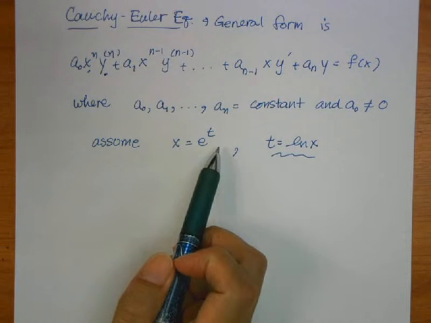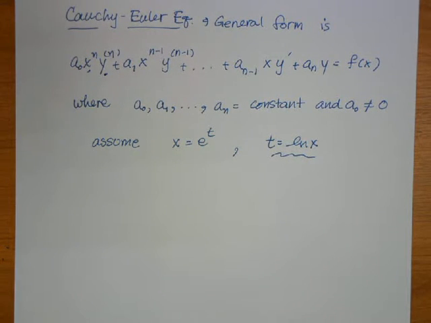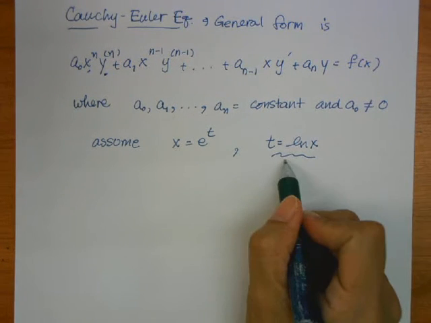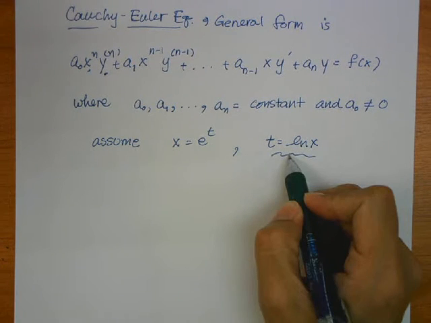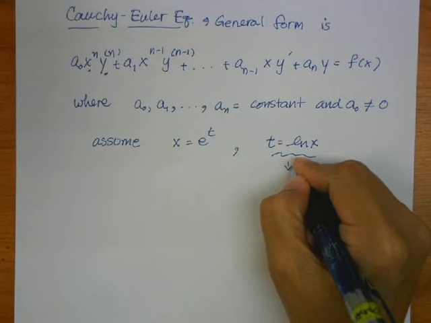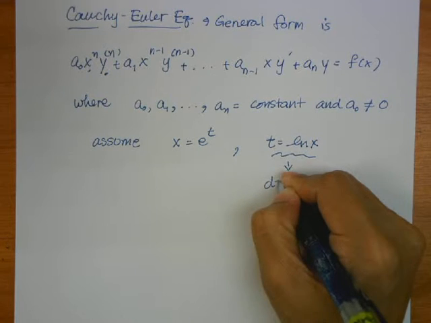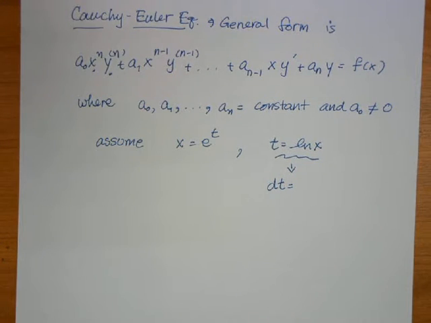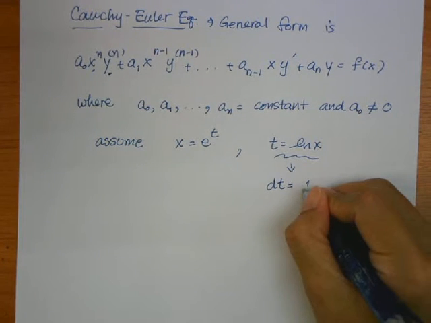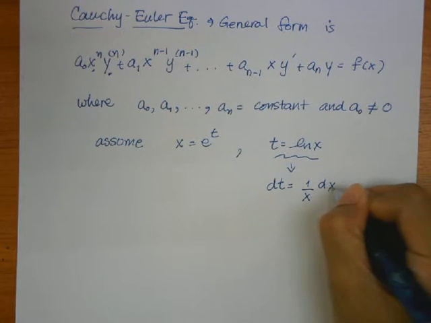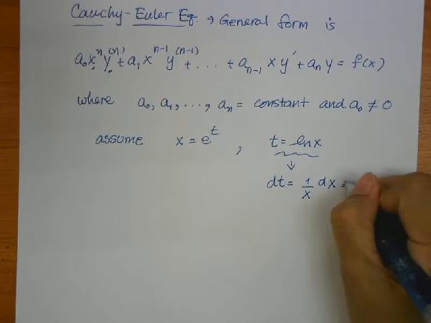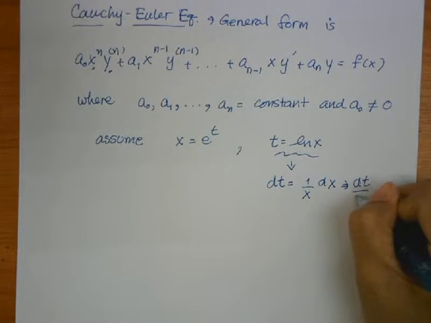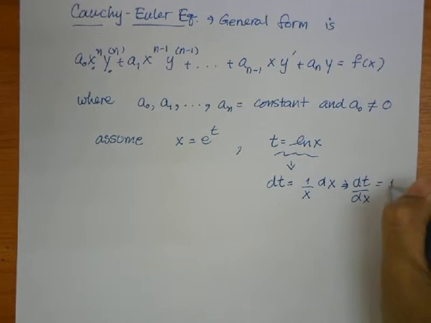So you have to change t back to x by using this definition. With this definition, you also know that the differential of t is equal to 1 over x dx, or we can say that dt by dx is equal to 1 over x.